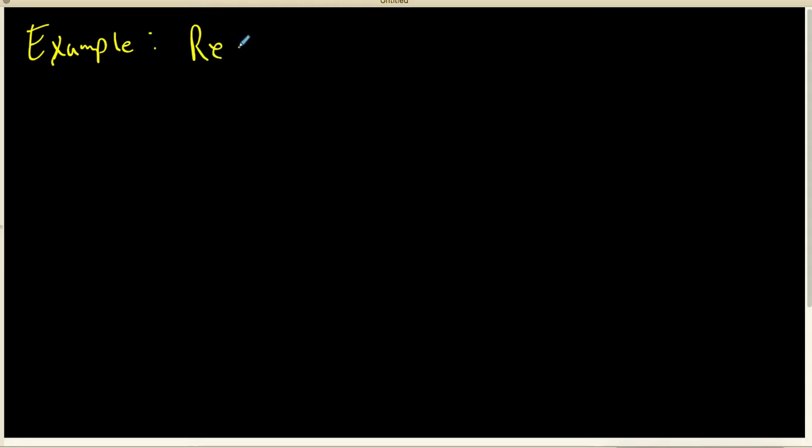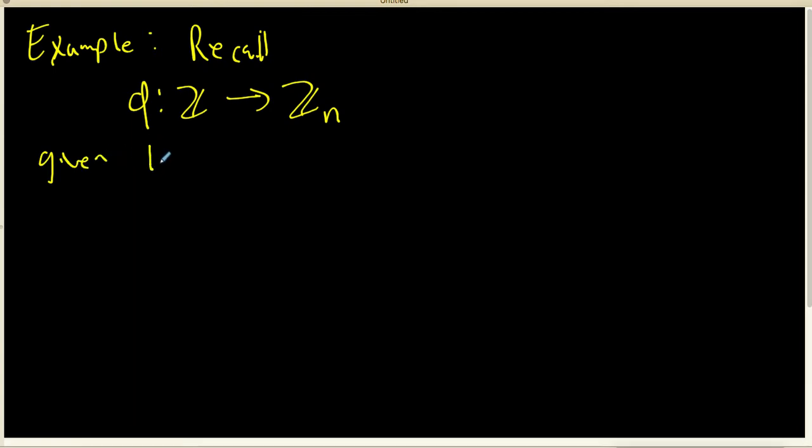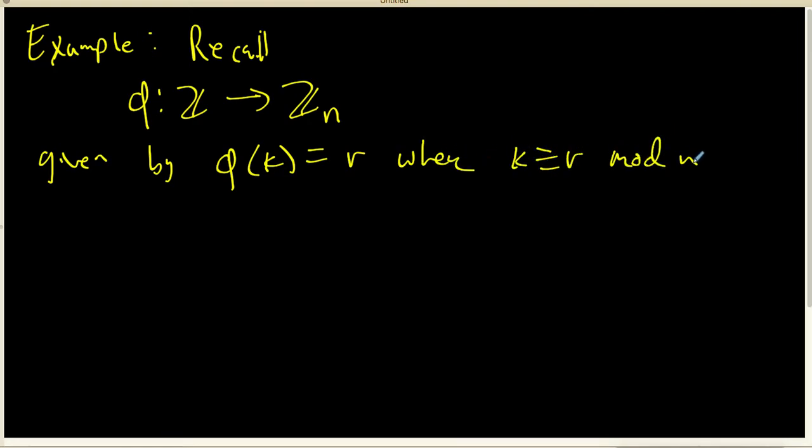I want to recall that if we have phi going from the set of integers into the ring Zn, given by phi of k is equal to r, where k is congruent to r mod n, then we already know phi is a ring homomorphism.